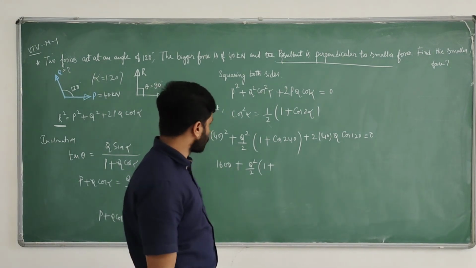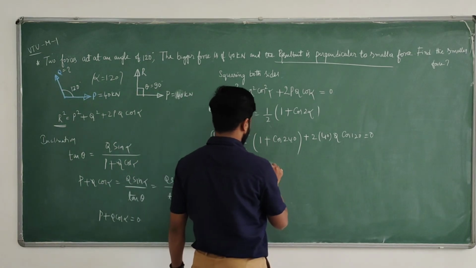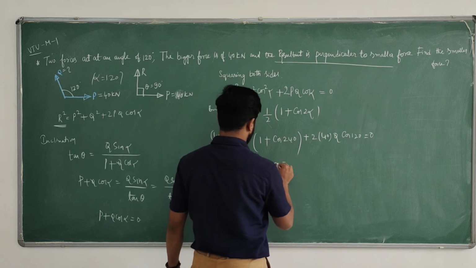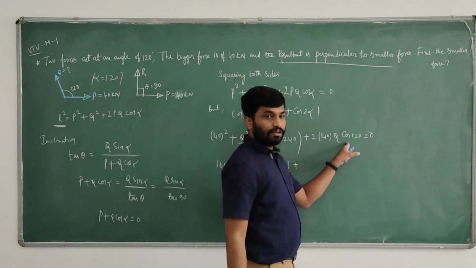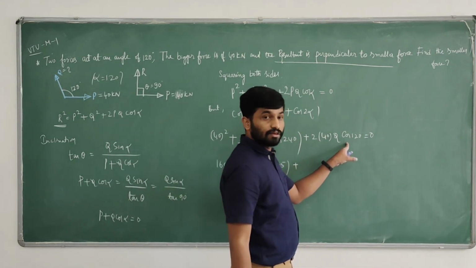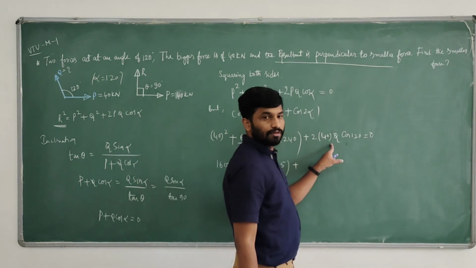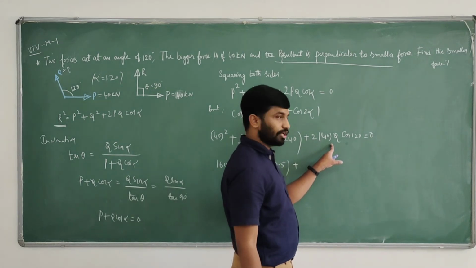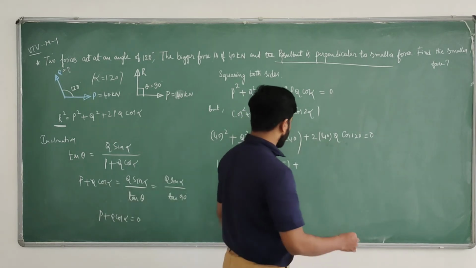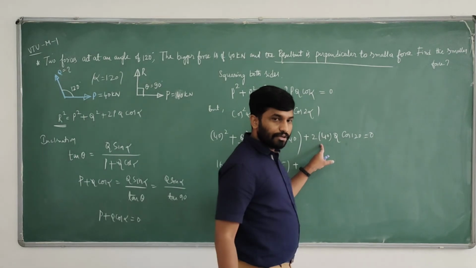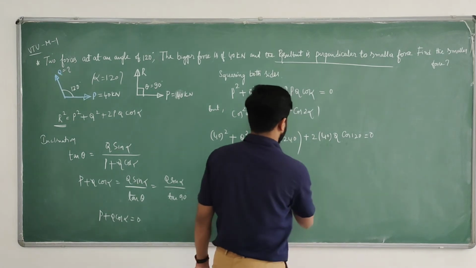It is minus 1 by 2, that is minus 0.5. Plus cos 120, which is minus 0.5, into 40 into 2 into Q. That is 80 into 0.5, which is 40, so minus 40 Q.